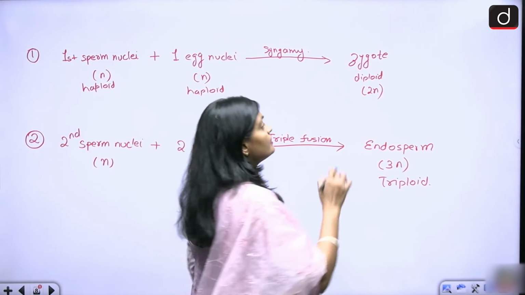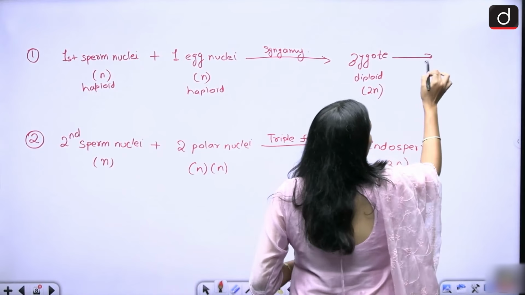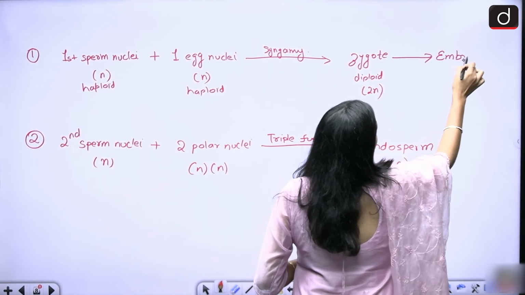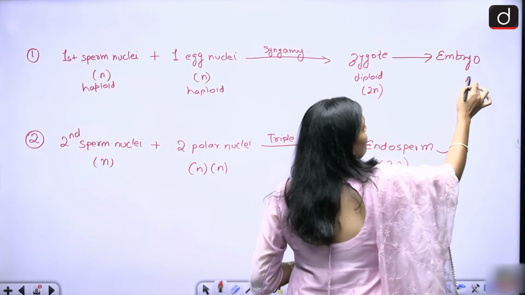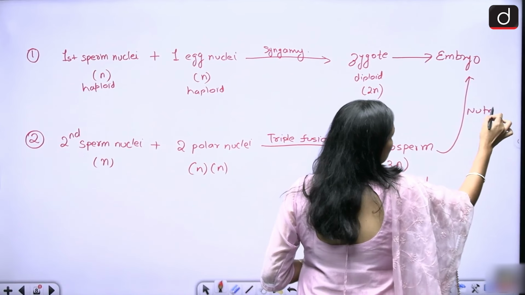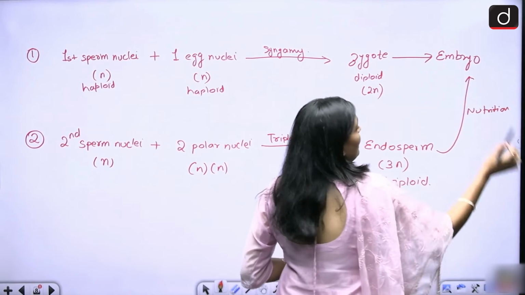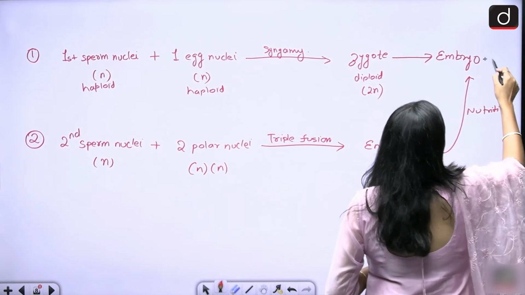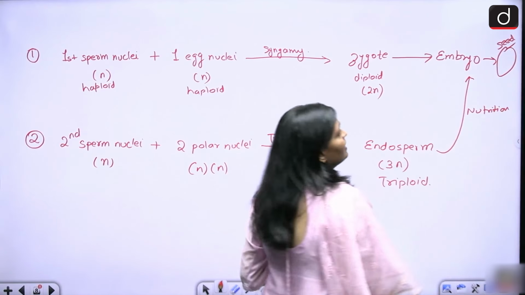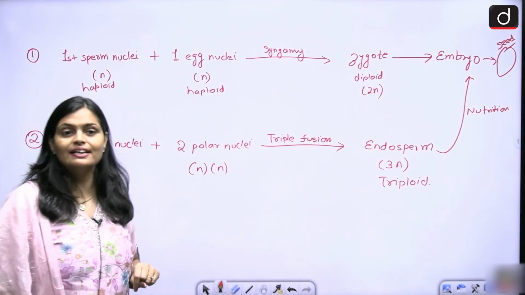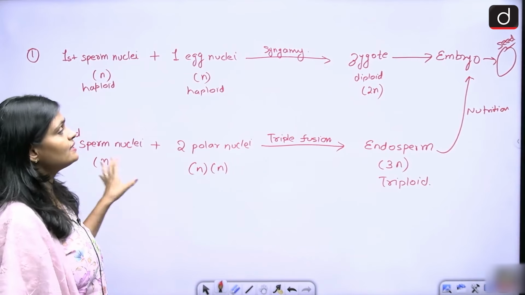Further, this zygote converts into the embryo. This endosperm provides nutrition to the embryo, and ultimately the ovule converts into a seed.